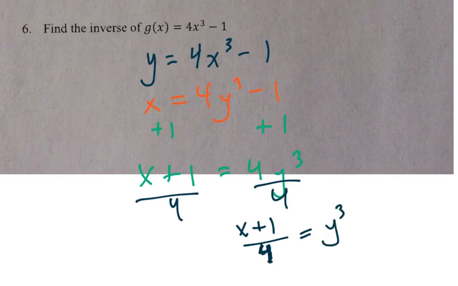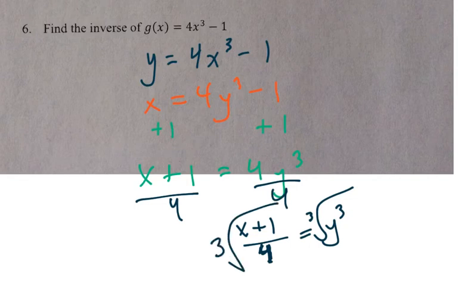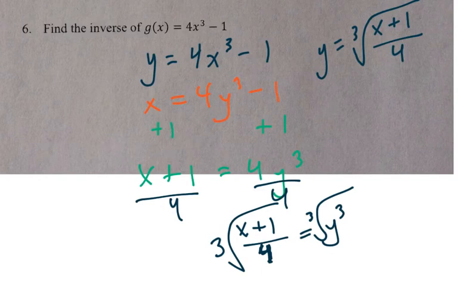Then to do the opposite of taking something to the third power, we take the cube root of that. So we do the same thing over here. So we end up with y equals the cube root of x plus 1 divided by 4. And we just replace the y with f inverse of x equals the cube root of x plus 1 over 4.